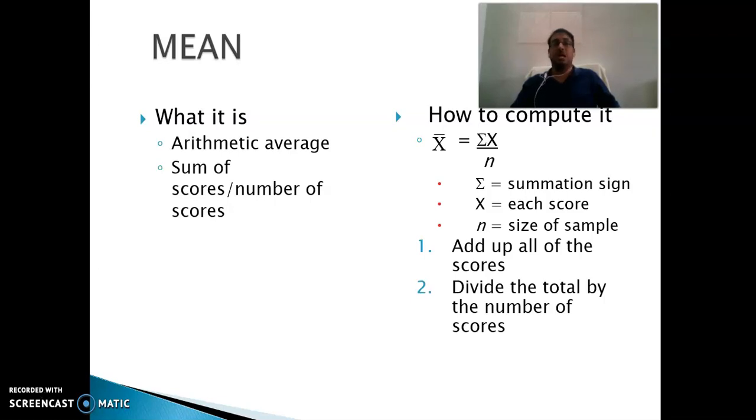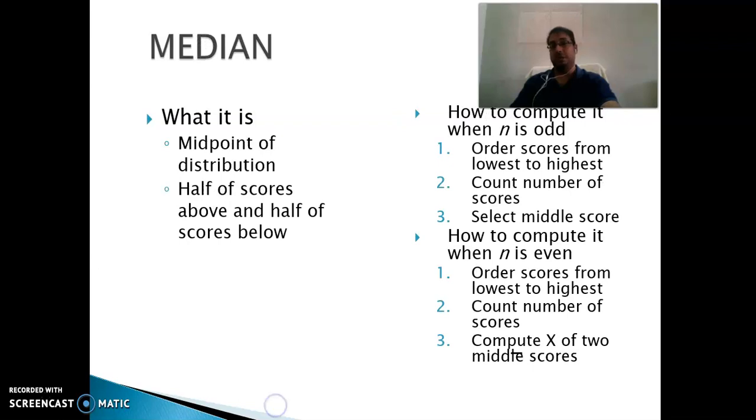N refers to the size of the sample. So add up all the scores, the x, then divide the total by the number of scores. Let's say you have 200 samples, so you divide by 200, then you will get the mean.